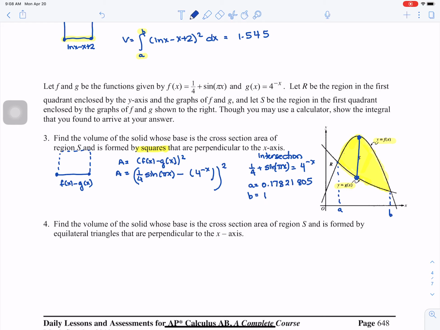So now our volume is going to be the integral from A to B, which are those A's and B's we just wrote down, of f of x minus g of x squared, 1/4 sine pi x minus 4 to the minus x, all squared, integrate with respect to x. And you could do this one manually, but we're going to just do it with the calculator. So 0.250 should be that volume.